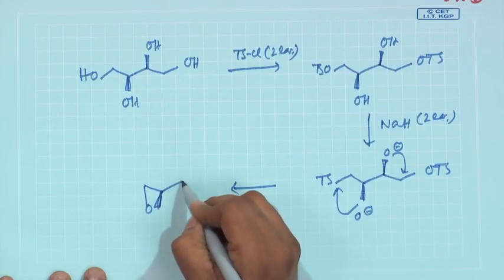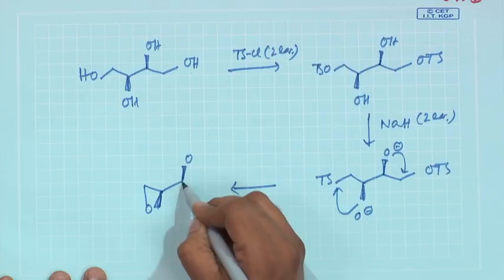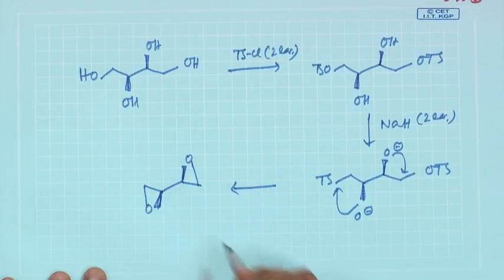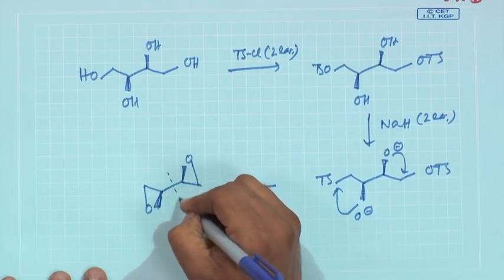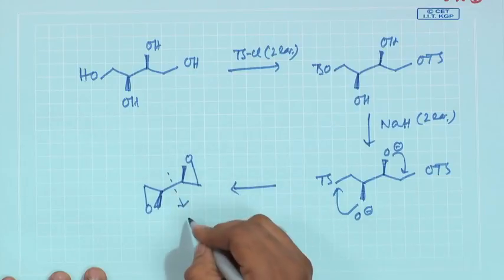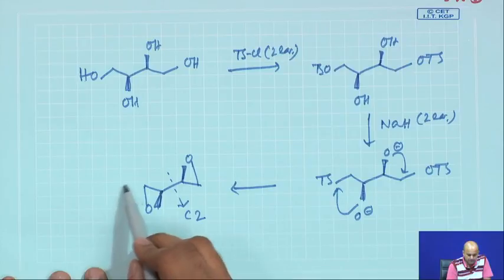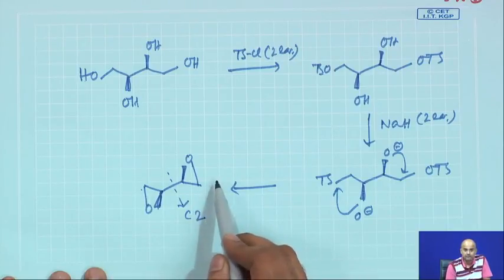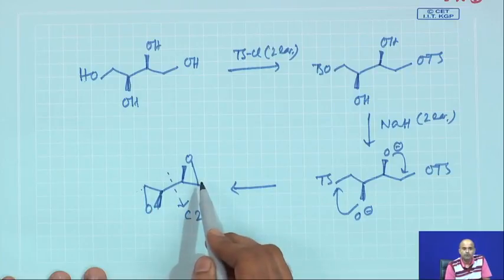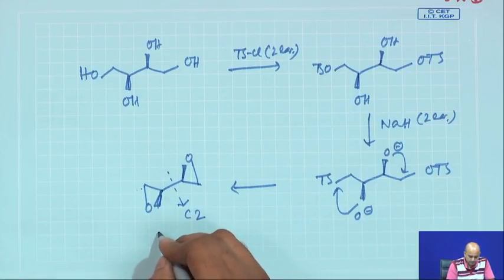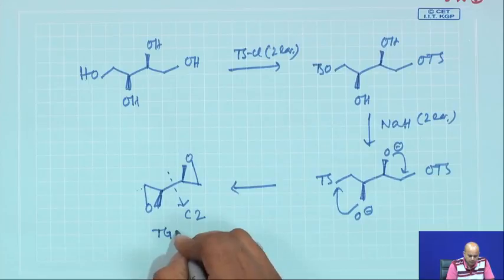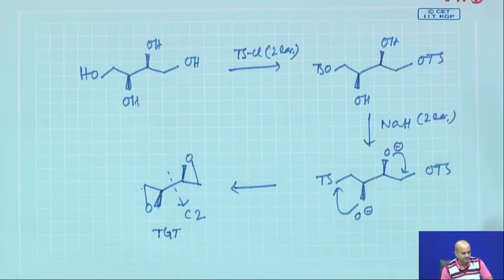So, the stereochemistry of this threose remained intact. Now, you can clip this epoxide either this way or this way, it does not matter, because these ends are now homotopic. Anyway, we are not going to discuss it. So, this is your target molecule which can be achieved.